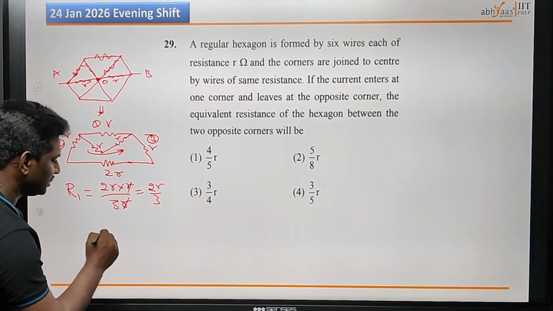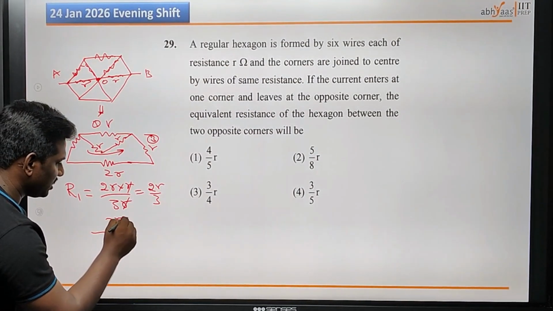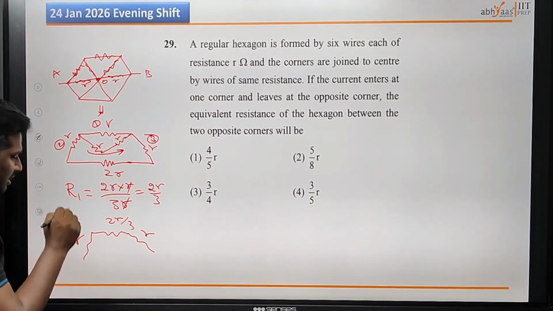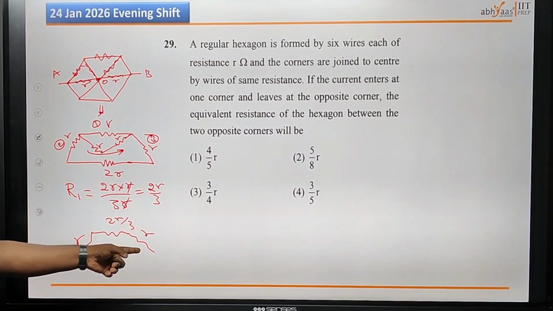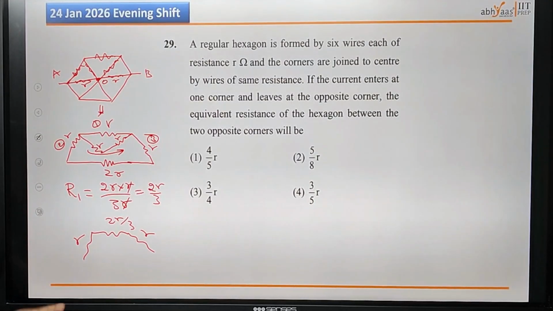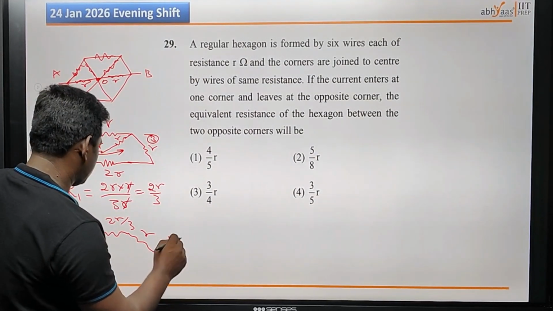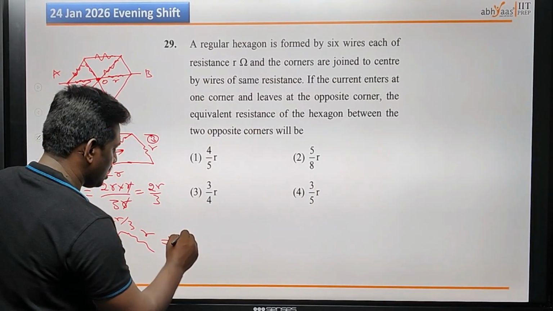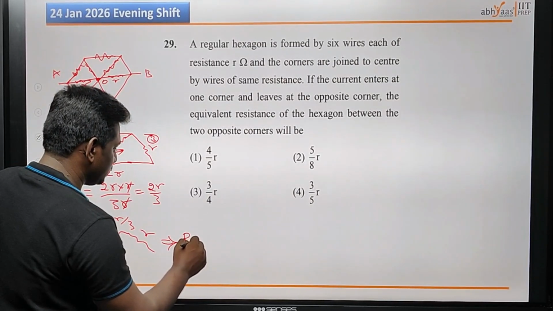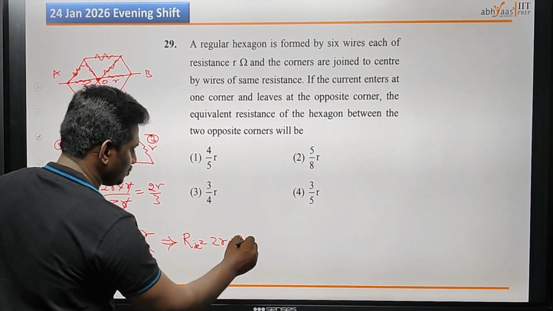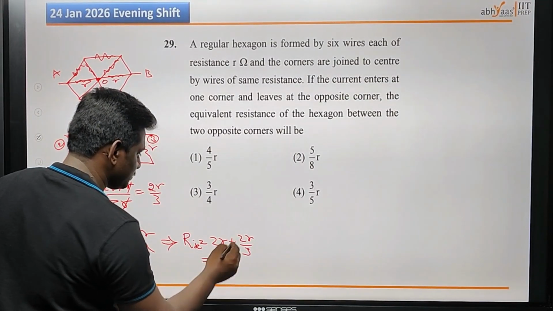So see here, this is 2R by 3 and this is our R and one more R here. 2R. So consider here, R equivalent, that is series combination 2R plus R plus 2R by 3.